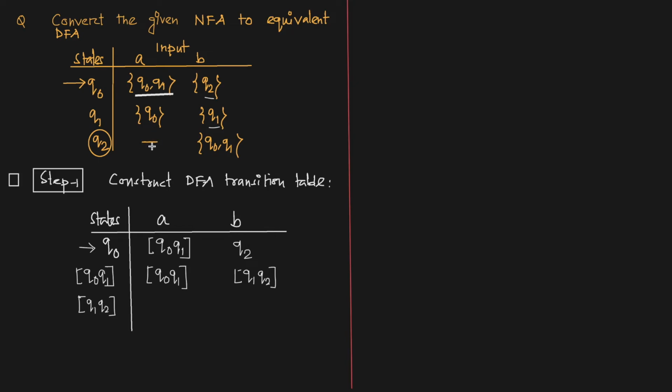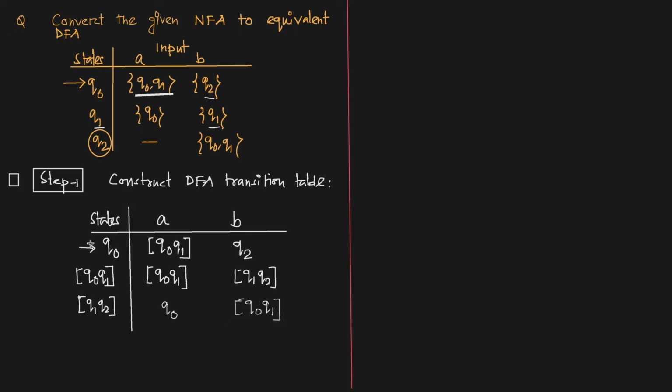The union of Q0 and phi is Q0. Next, Q1 Q2 on B: Q1 corresponds to Q1 and Q2 corresponds to Q0 Q1. Their union gives Q0 Q1.